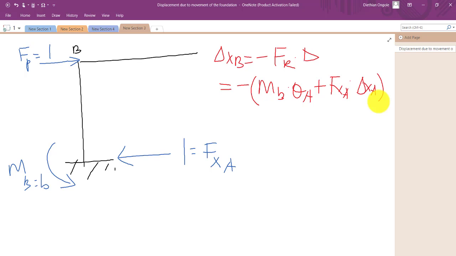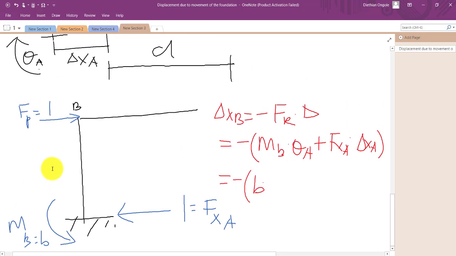So this one here would be equal to negative into our MB, which is equal to B, and then I want us to take note of the displacement. When you look at the arrow of the resultant force due to the action of a unit force, and then the actual displacement that was due to the movement of the foundation, these two are in opposite directions.